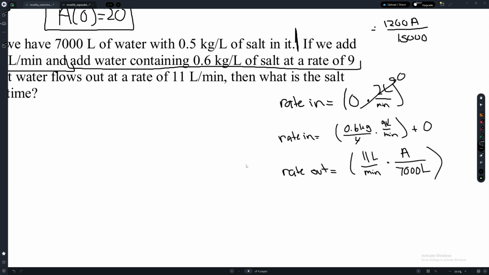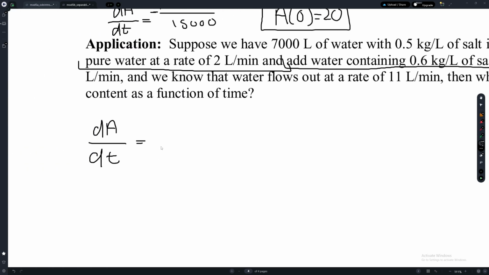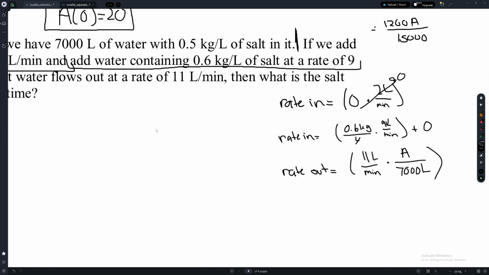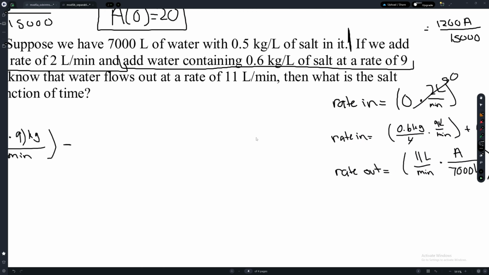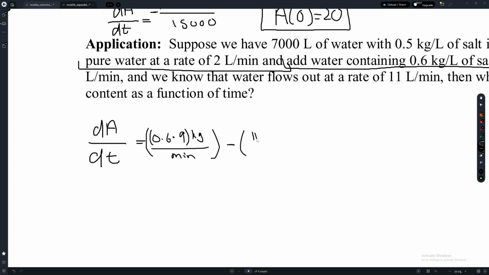Okay, so that's that. Now, when we sub it into this equation, rate in minus rate out, my rate in is 0.6 times 9 kg per minute, minus my rate out, which is 11A divided by 7,000.